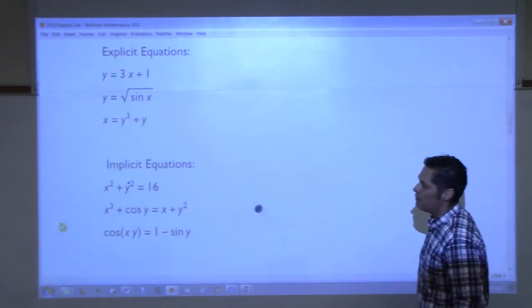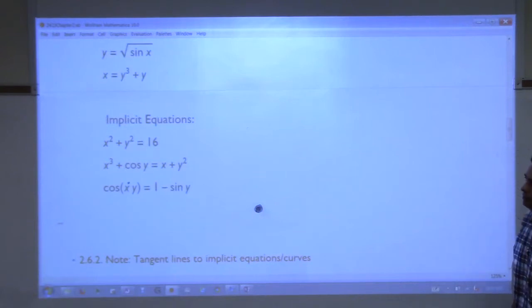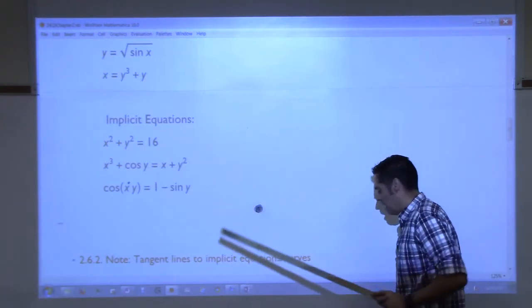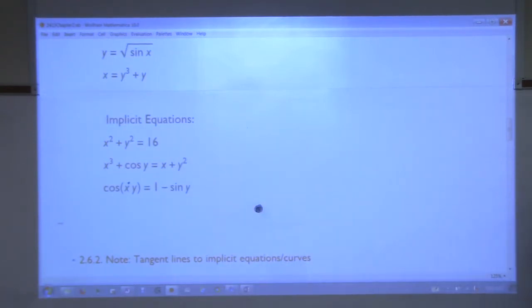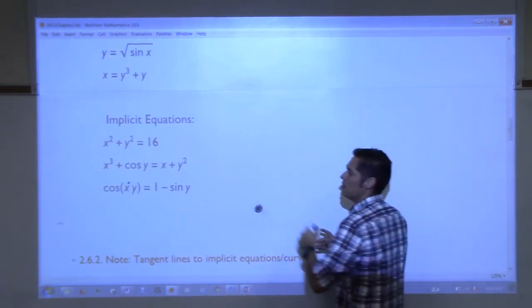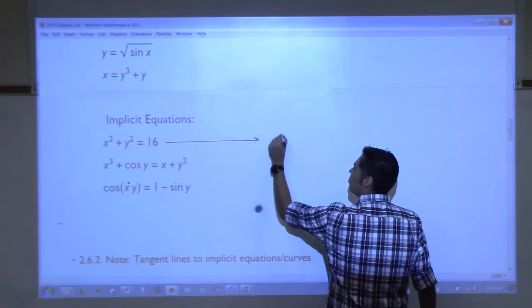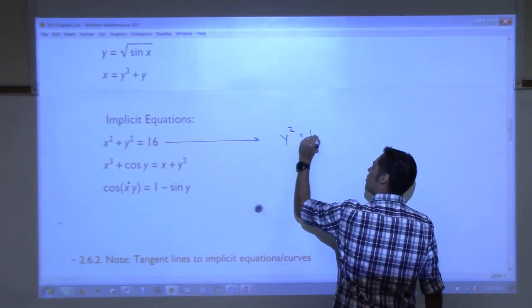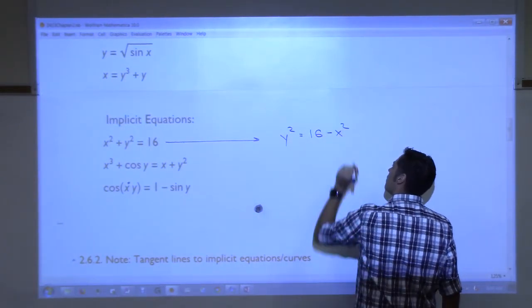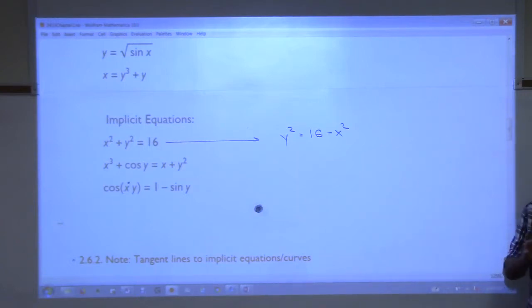Here are examples of some implicit equations. Let's take a look at that first one. Could you isolate y? Subtract x squared from both sides. You almost have y by itself, but that's y squared by itself. To get just y, what would you do to get rid of the square?